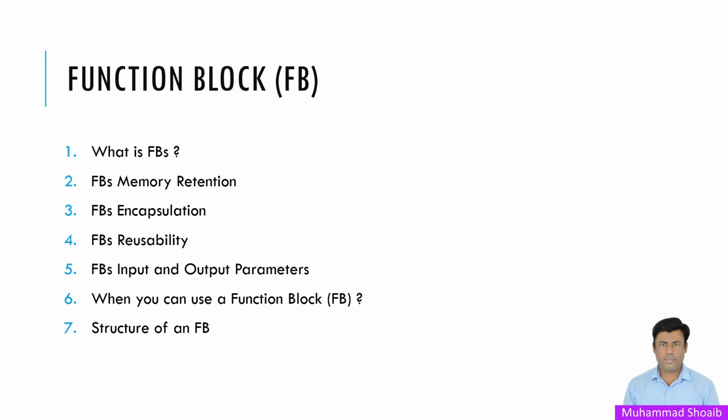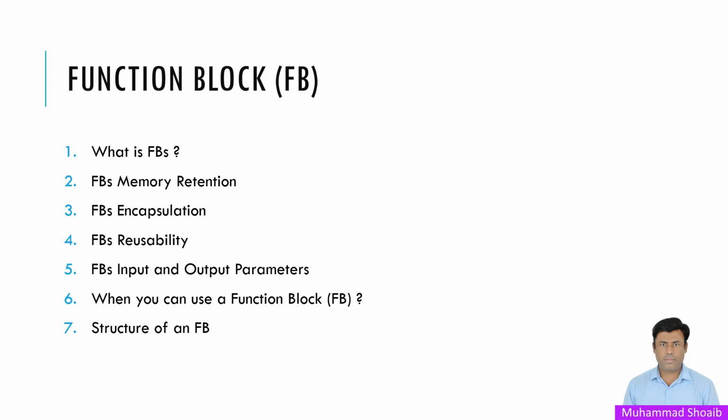Then the static variables. These static variables are stored inside the FB and retain their values between cycles. For example, in this tutorial we will use the motor runtime timer value. We will store it, and we'll see that this value will be retained across all PLC cycles.